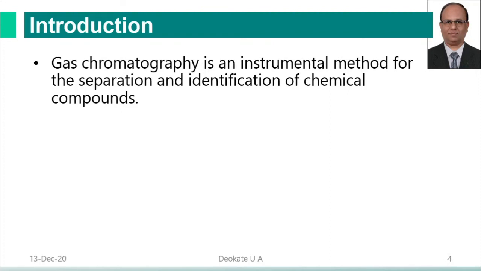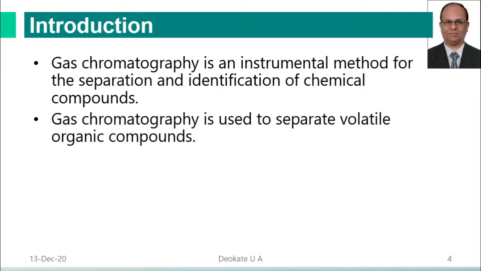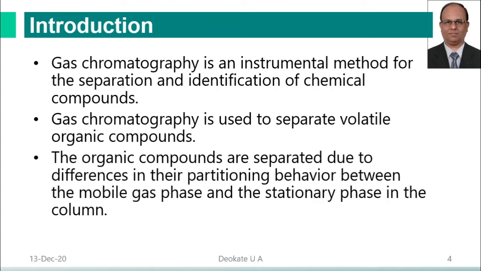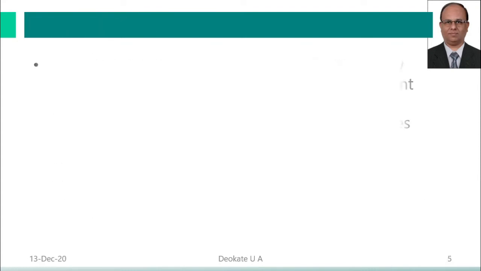Gas chromatography is an instrumental method for separation and identification of chemical compounds. It is used to separate volatile organic compounds. The organic compounds are separated due to differences in their partitioning behavior between the mobile gas phase and the stationary phase in the column.